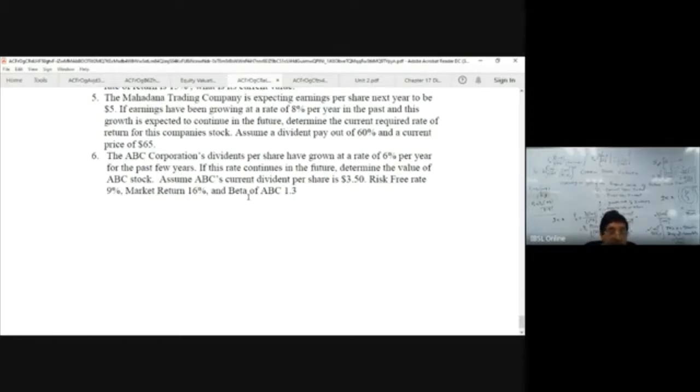You can just apply the capital asset pricing model and estimate the required rate of return, or the equilibrium return, for ABC stock.